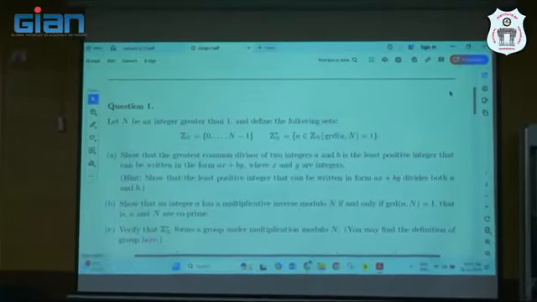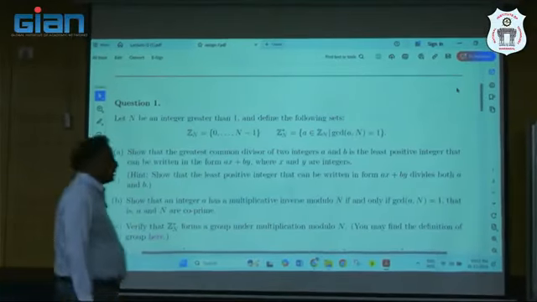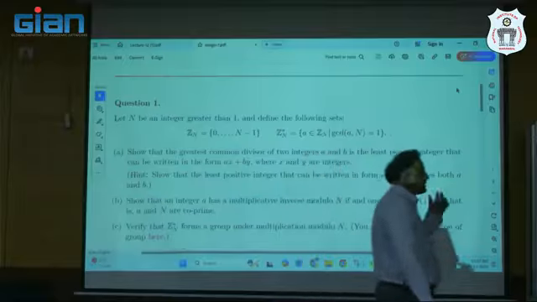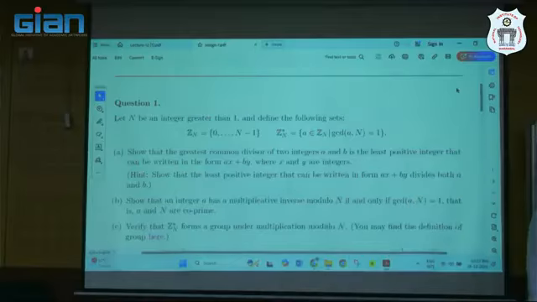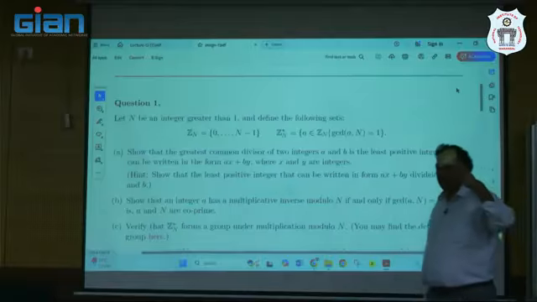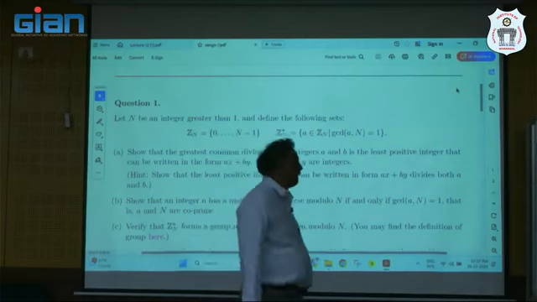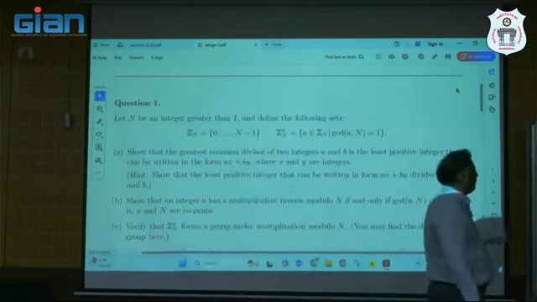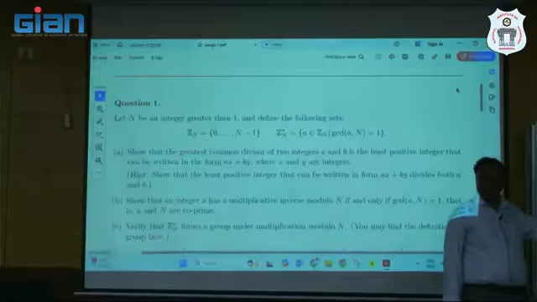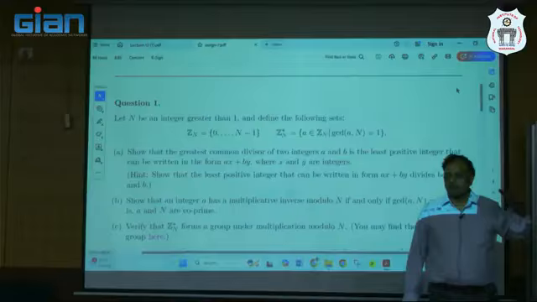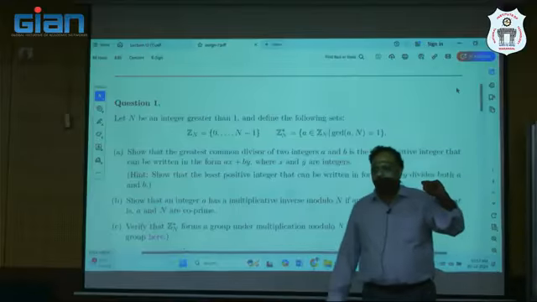Why is it a contradiction? You see, we assumed that R is the smallest non-negative number, in fact positive number, which can be written in this form, ax plus by, where x and y are integers, correct? Good. Now if R does not divide A, then you write A is equal to RD plus C. C is the remainder. Agreed?